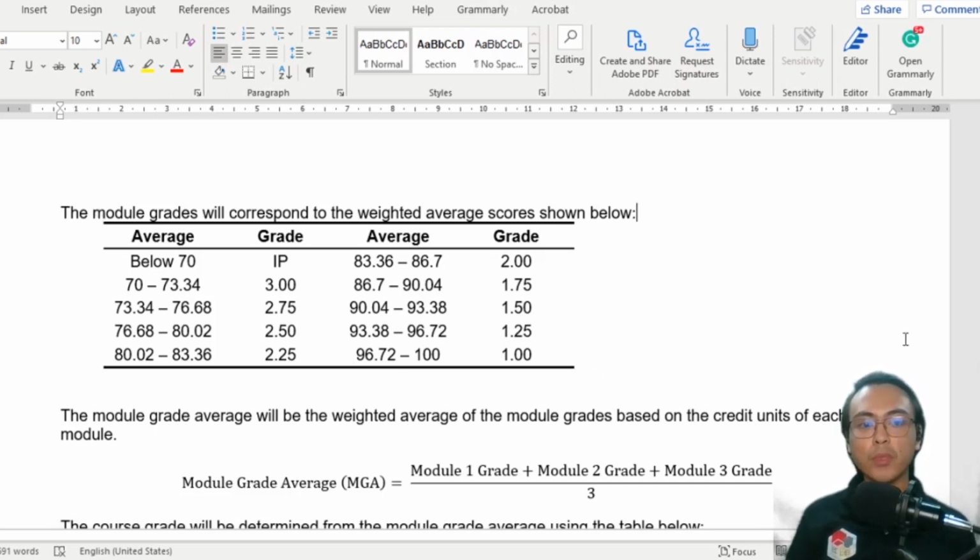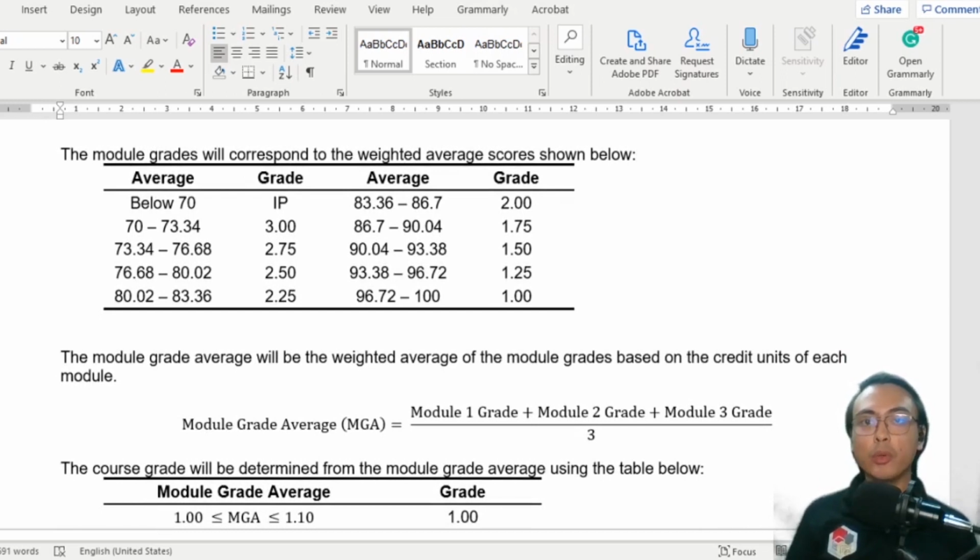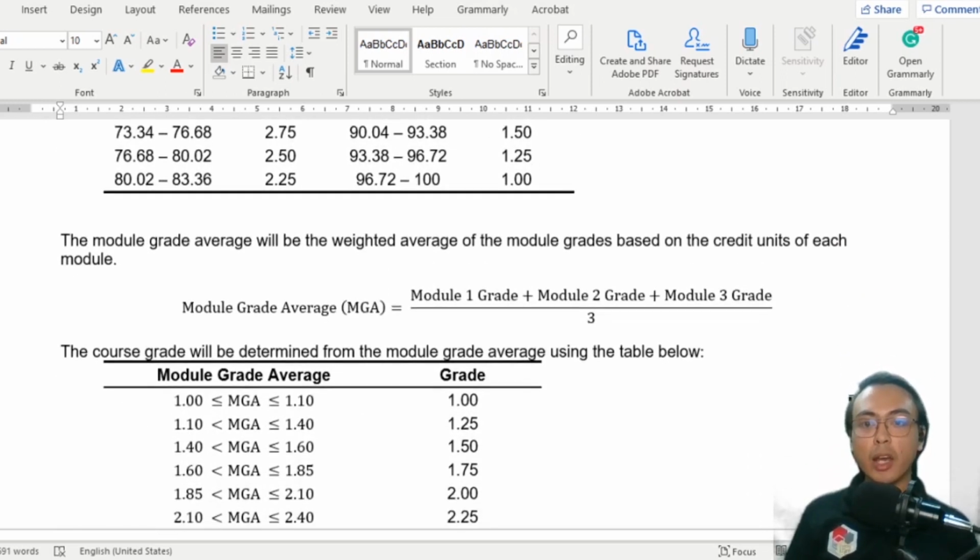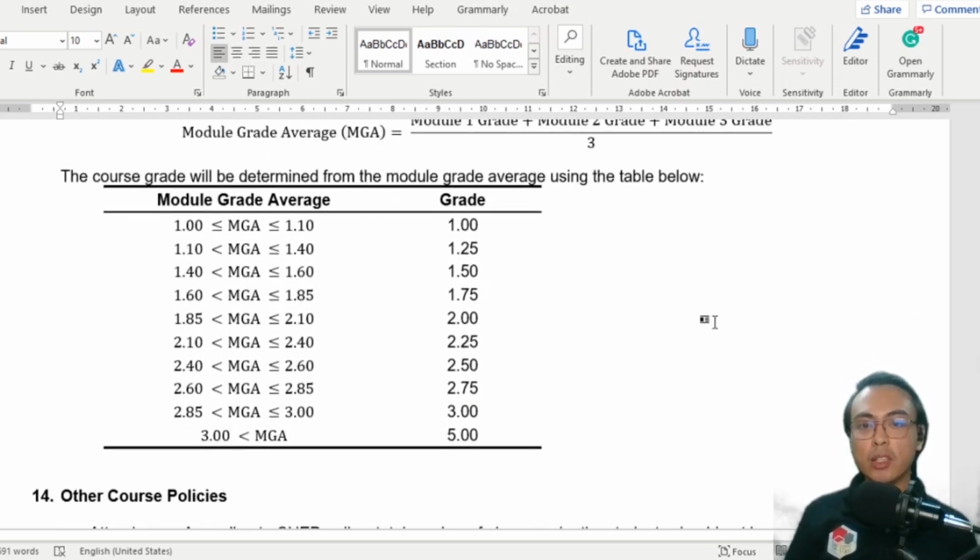Okay? As I have mentioned earlier, we have 3 module grades, and your module grade average would determine your course grade. So the module grade average is simply the average of your grades from the 3 modules. And this is our conversion table from the module grade average to the course grade.